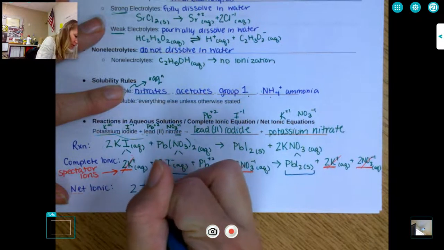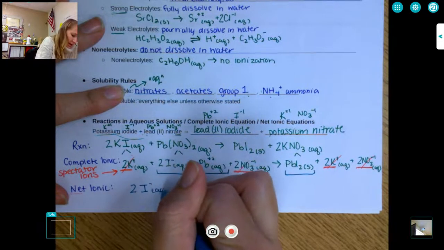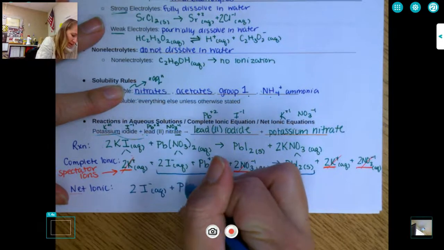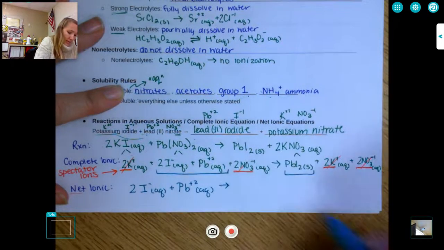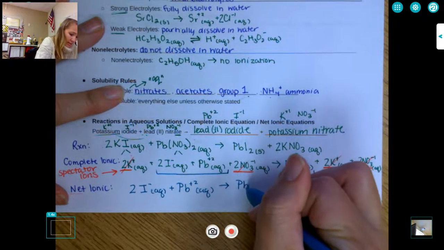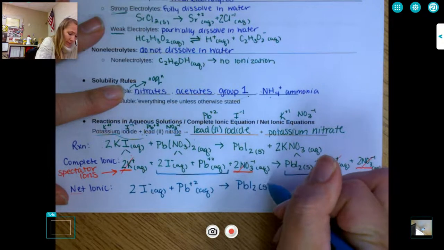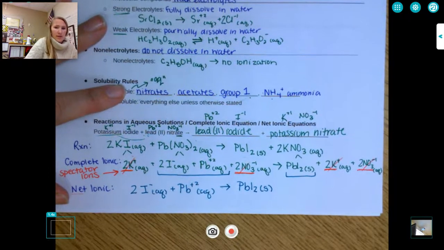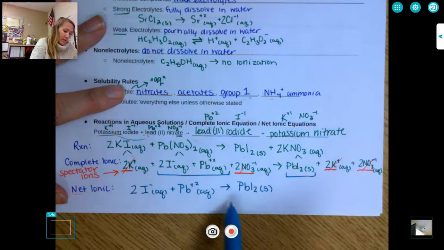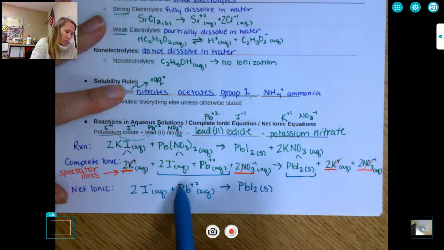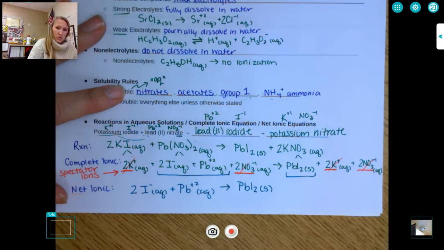I have 2 iodide ions that are aqueous plus my lead plus 2 ion, which is aqueous, makes my lead iodide, which is a solid. Okay, and this should be balanced as well. 2 iodide ions, 2 iodides, 1 lead plus 2, 1 lead 2 here.